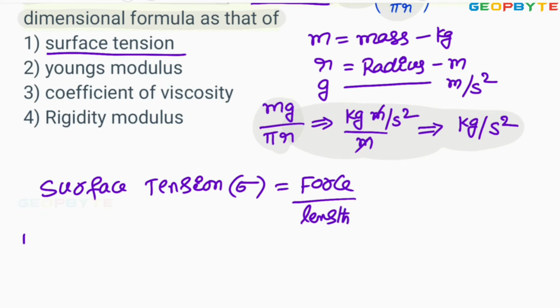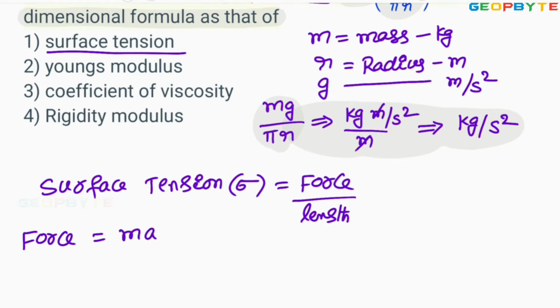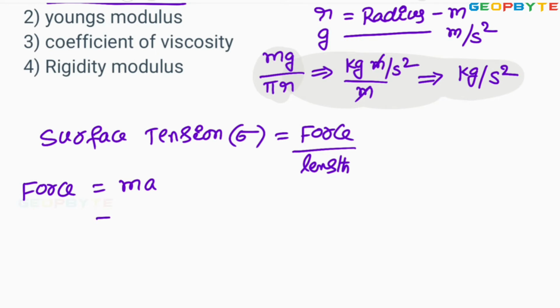As you know, force F equal to ma. M is the mass, it is in kg, a is the acceleration, meter per second square, and length is in meters.